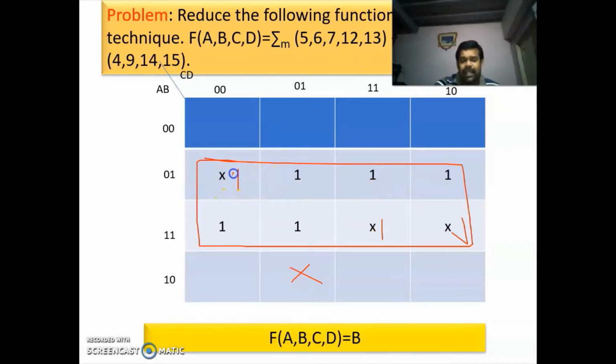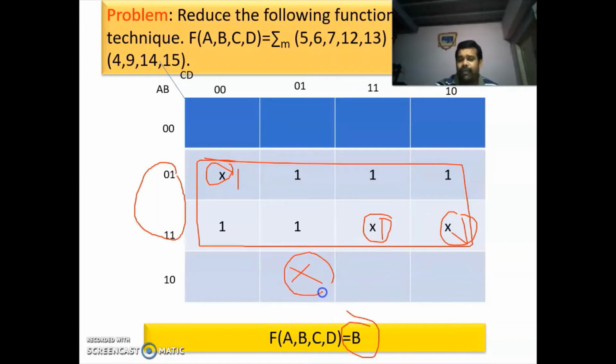We have considered these two X's as 1, and we have grouped these 8 ones and written the expression. For this grouping we have used these 2 rows. In these 2 rows B is not changing, and since it is 1 it is B. In these 4 columns the value is changing, so we have neglected them.